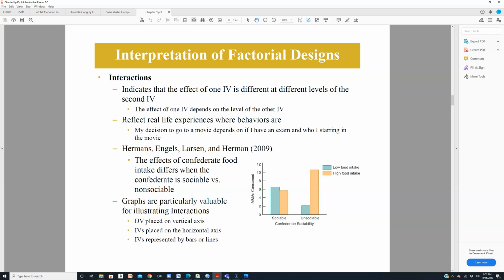If you think about real behavior, right? Like, hey, do you want to go to a movie tonight? Well, it depends. I have an exam, right? So if I have an exam, then no, I don't. If I don't, then yeah, sure. Also, who's starring in the movie? If it's one of my faves, then absolutely. If it's somebody I don't care about, then no, I'll pass, right?